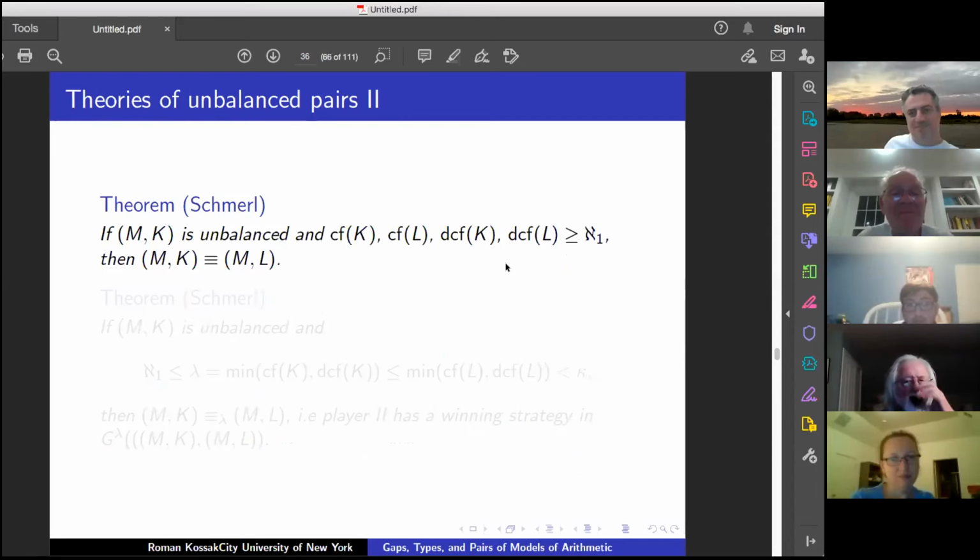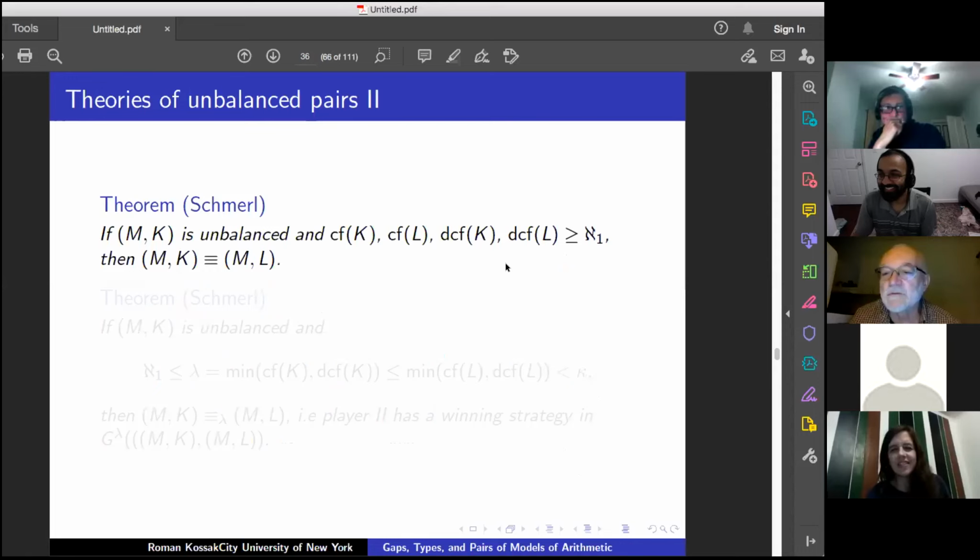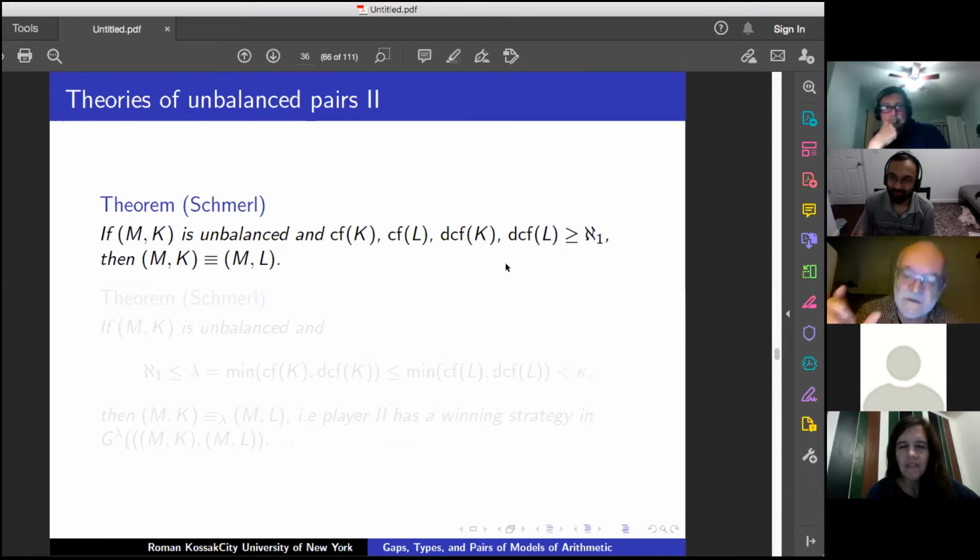In particular, he proved that if you have two balanced pairs, and if they're elementarily equivalent, then they are isomorphic. There was a longer, complicated proof, but at the end it didn't quite work, because this is simply not so.